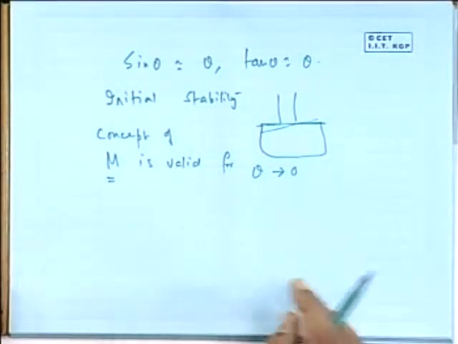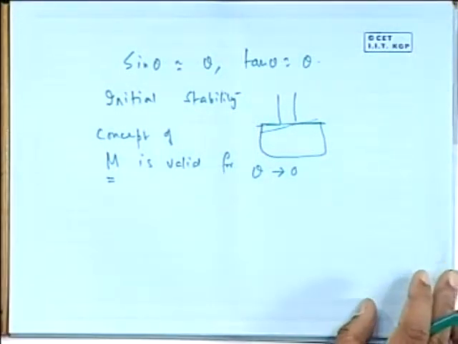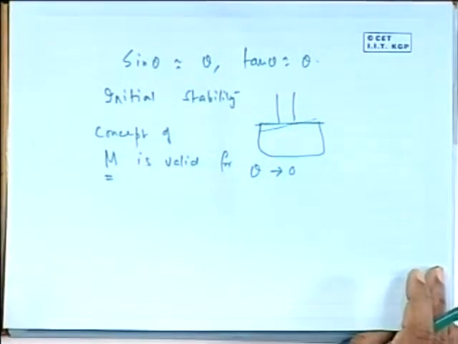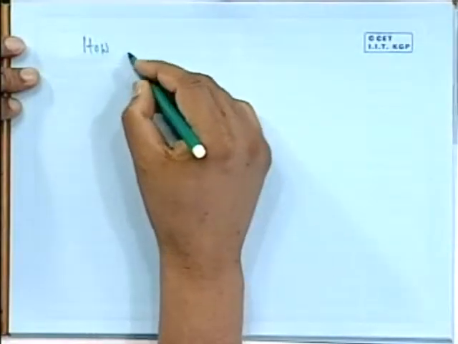Okay. Now we will go to try to derive a formula of what happens. How do I locate M? Obviously the next question is, how do I find out if a ship is initially stable?